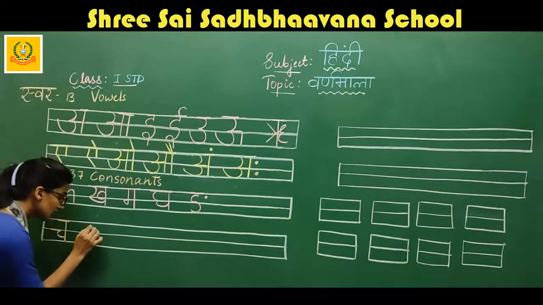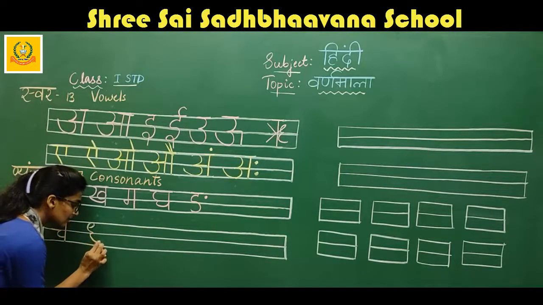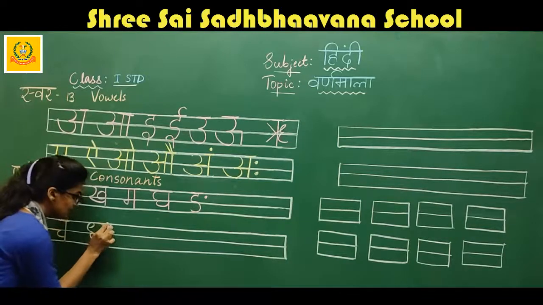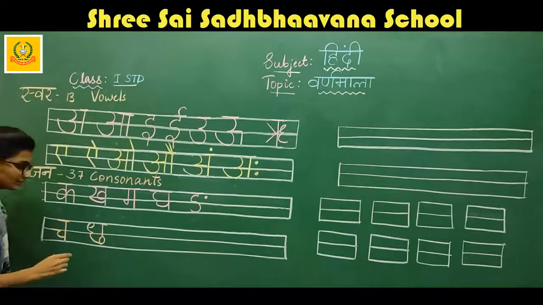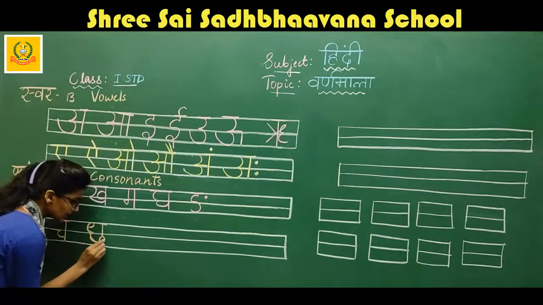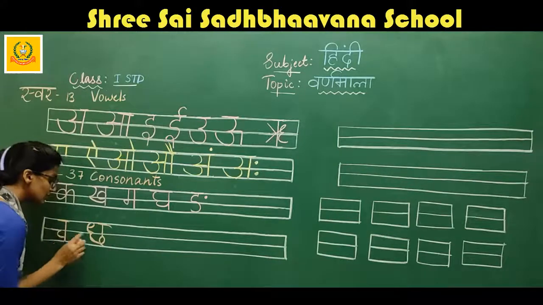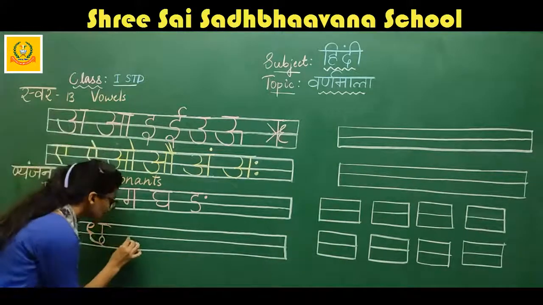Cha, cha. One small curve. Like this and like this. Cha. What is this? Cha. Cha, cha. Next. Ja.